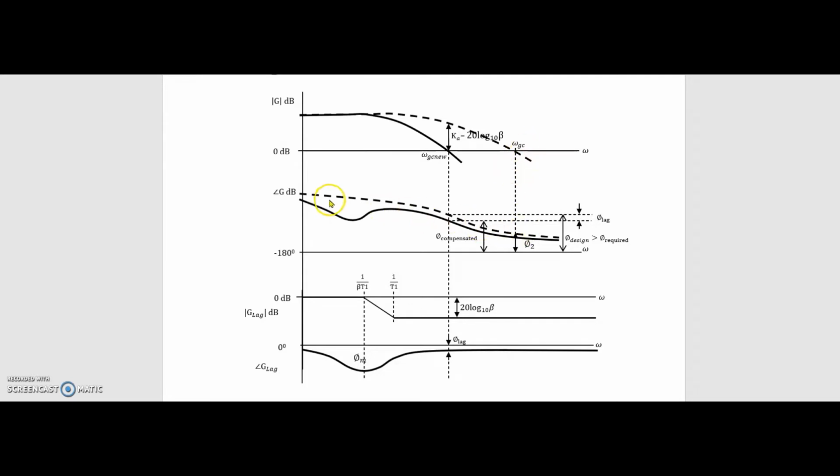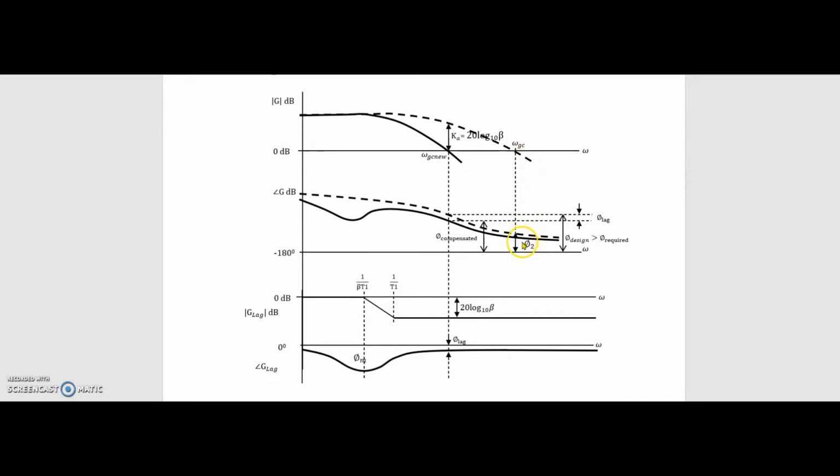Sometimes phase does not cross the minus 180 degree line, that is also okay. If you look at this dotted curve, at omega GC the phase margin of the system is phi 2.